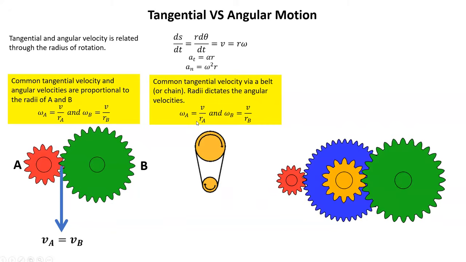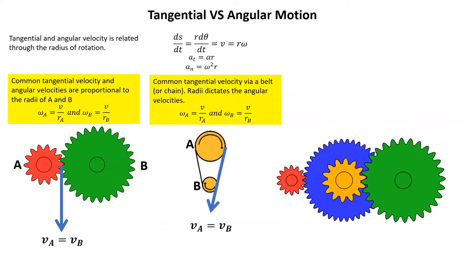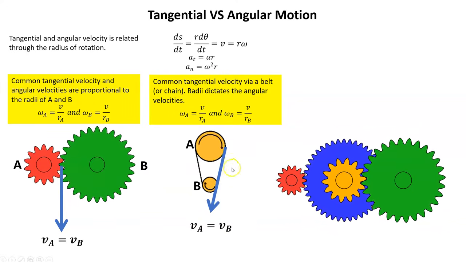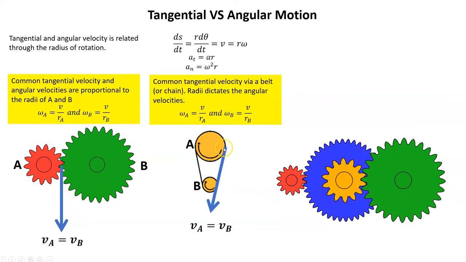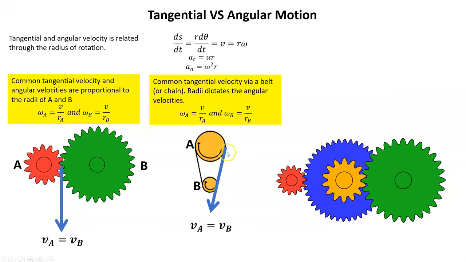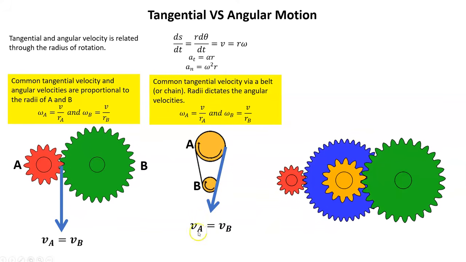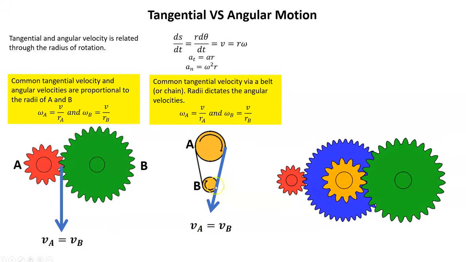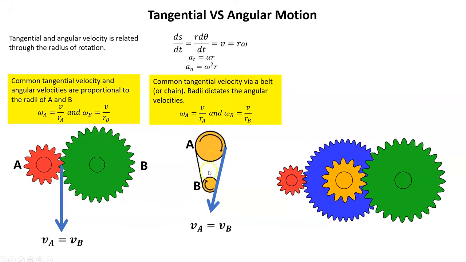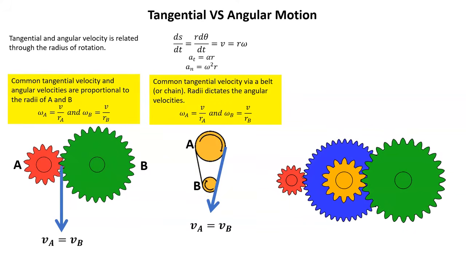So in this case, your tangential velocity between A and B is your belt. Like the chain on your bike, or two pulleys with a belt, you have a common tangential velocity, VA and VB will be common. And the angular velocity will be proportional to the radii of the two pulleys.